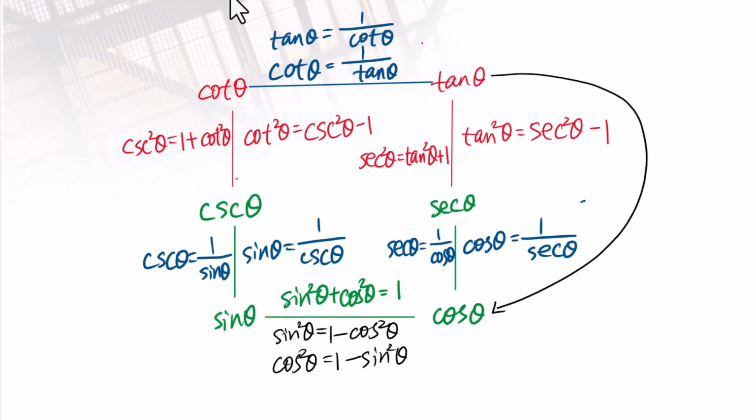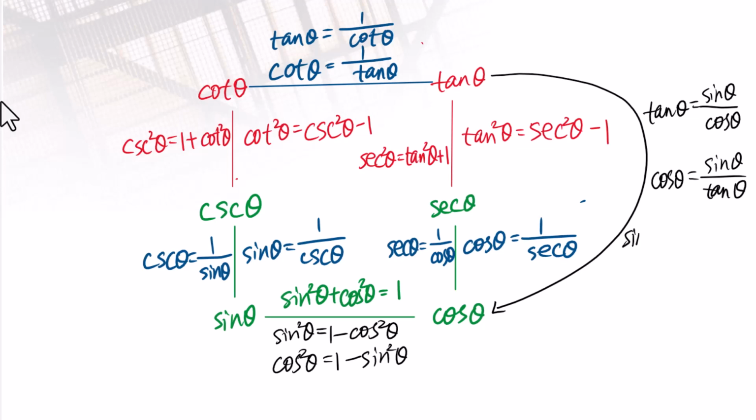The relationship between tangent theta and cosine theta is tangent theta equals sine theta over cosine theta. And cosine theta equals sine theta over tangent theta. Sine theta equals tangent theta times cosine theta.